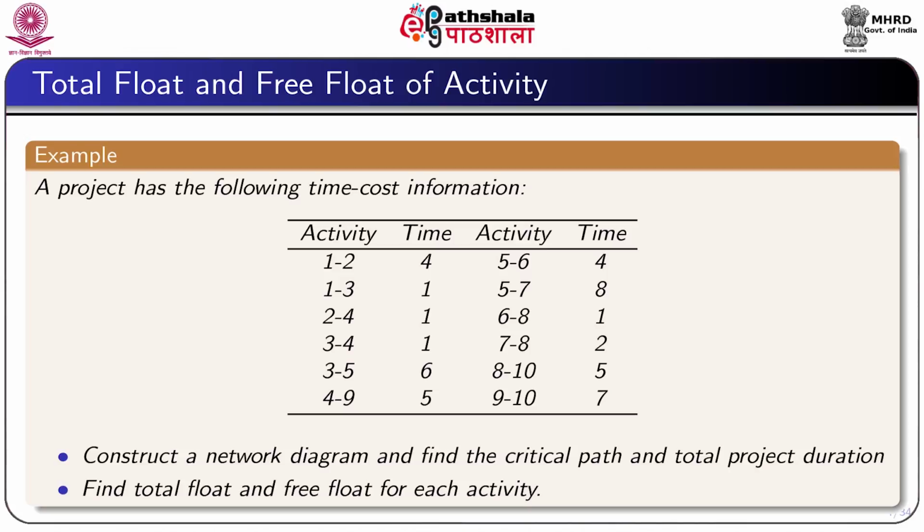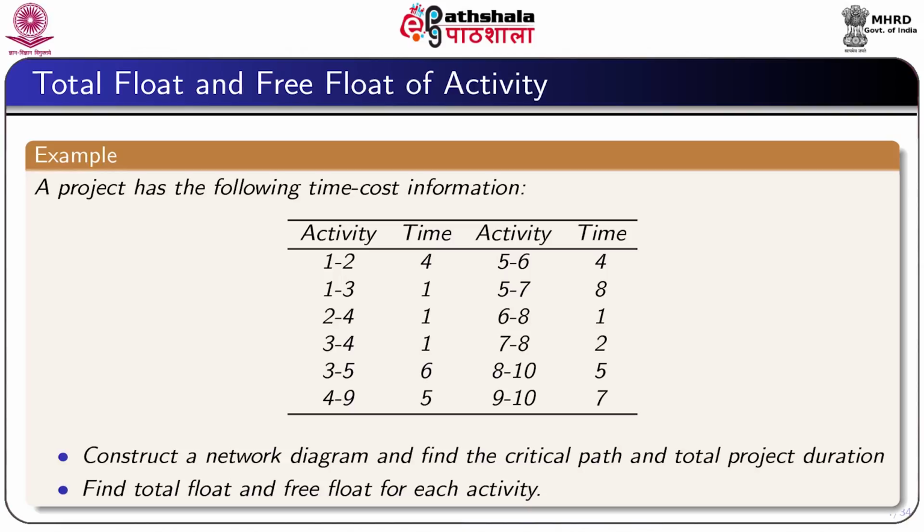For this, we consider an example. A project has the following time cost information. There are a few activities: 1,2; 1,3; 2,4; 3,4; 3,5 and 4,9, and also activities 5,6; 5,7; 6,8; 7,8; 8,10 and 9,10, and their times are given in the slide.